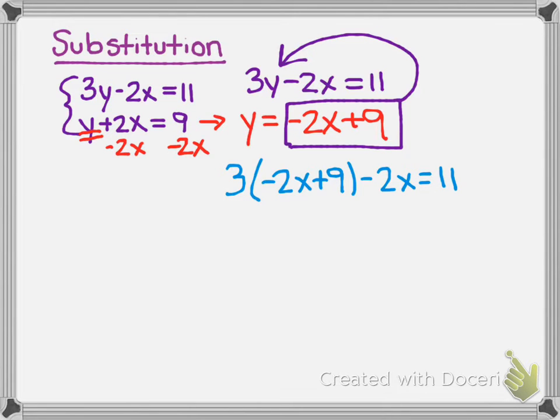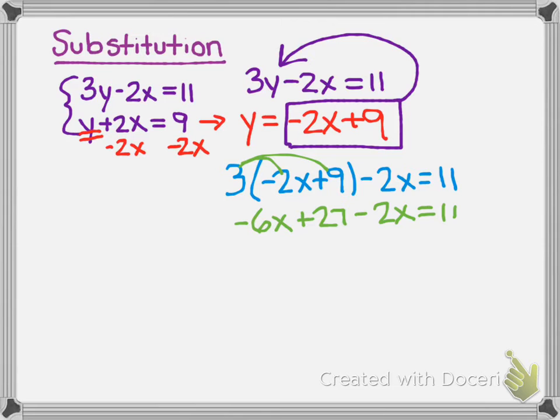So now that we have one equation in terms of one variable x, we can now solve for x. To begin this, I'm going to distribute the 3, and I'm going to get -6x plus 27 minus 2x equals 11.